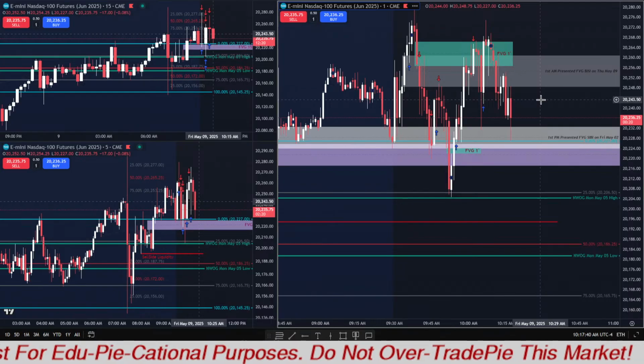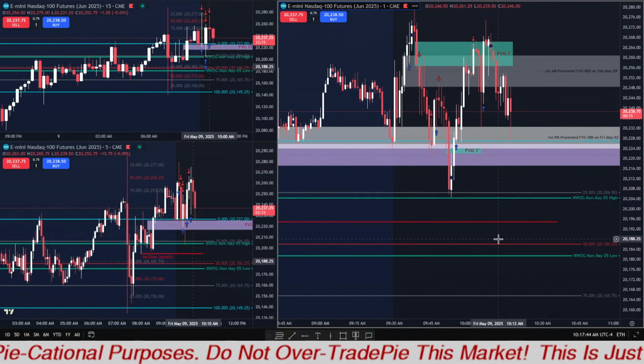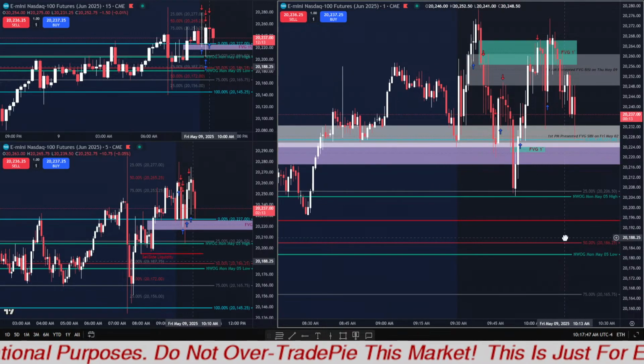This is not very favorable for visiting this sell side liquidity and 50% of the opening range gap over here.